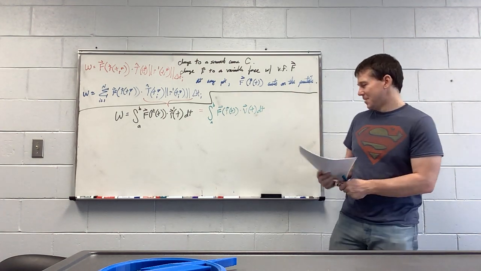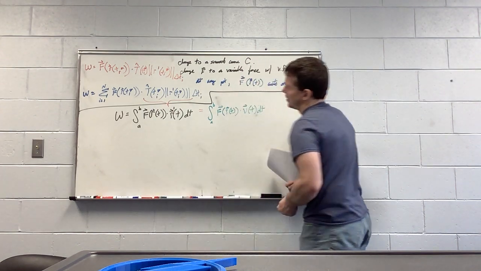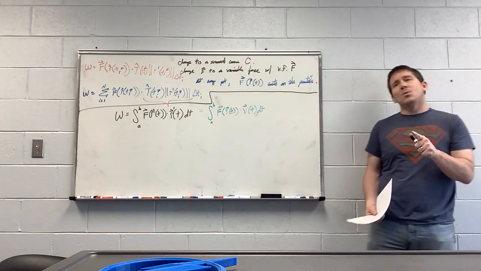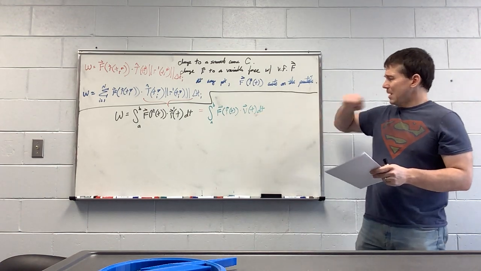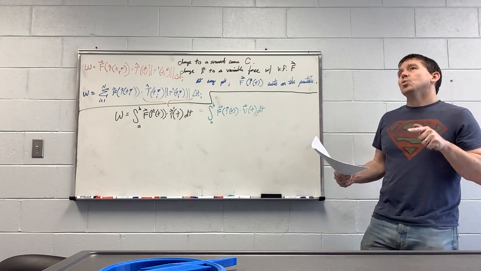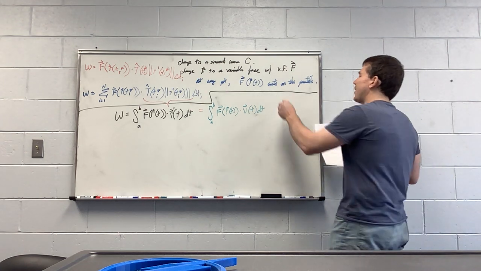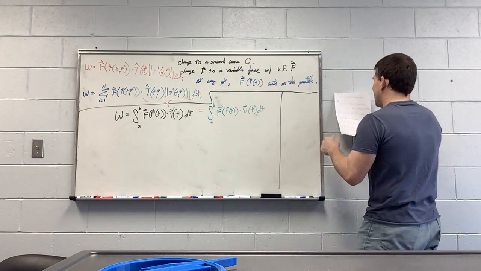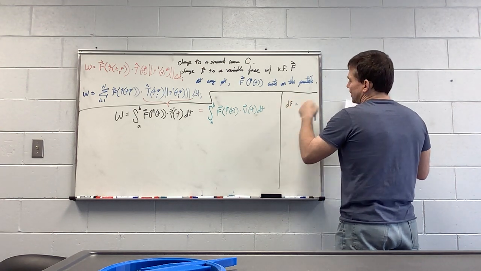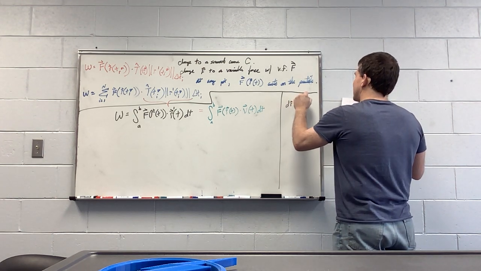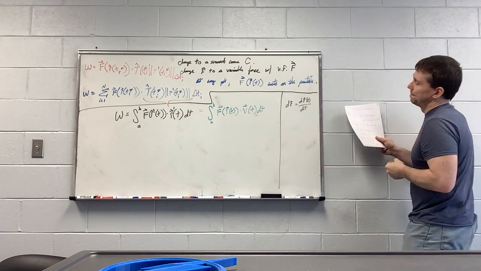But wait, there's more. Because, let's see, what color can I use now? We'll go back to the black one. Before, when we talked about the line integrals for functions, once we had a rough integral set up, we also worked with the differential to do some algebraic fun, maybe. And in this case, I want to look at dr. The differential with respect to r, but that's just dr of t dt.